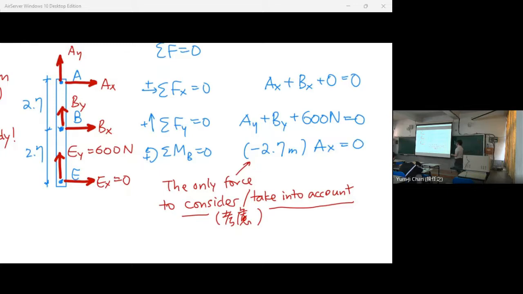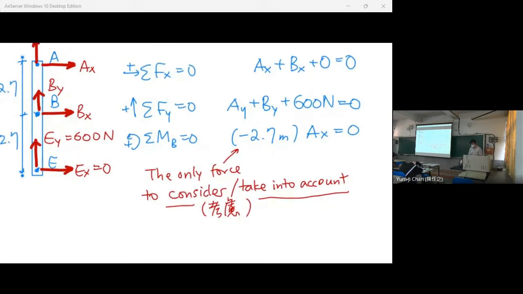So here we have, take your time to write them down. Now, here we have 3 equations. And how many unknowns do we have here?